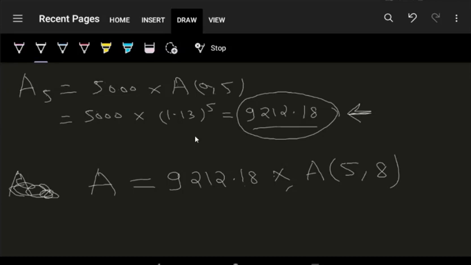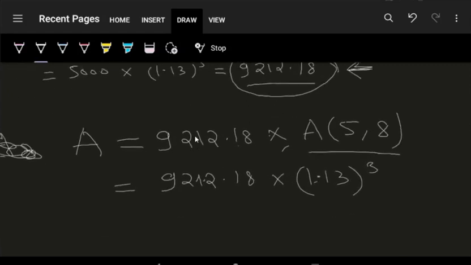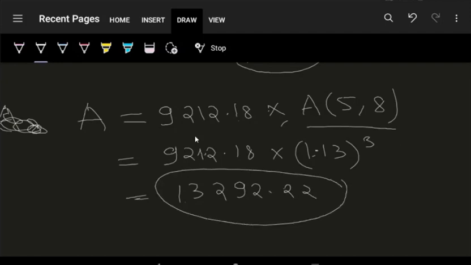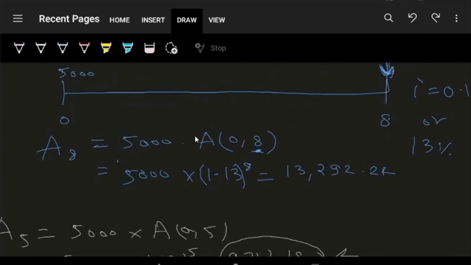That's why I'm using the factor a(5,8). Since my interest rate is the same every year and the time duration is 3, the power is 3, and I will get an answer of 13,292.22, which is exactly the same as the amount that I got earlier. So the amount hasn't changed.